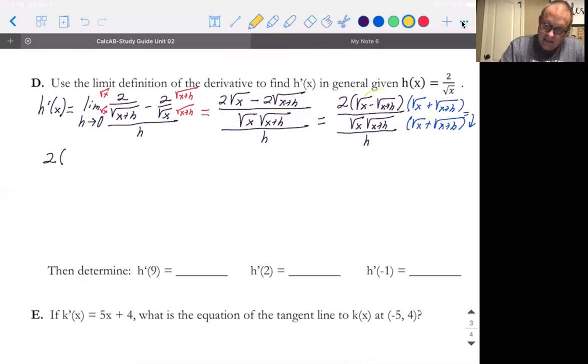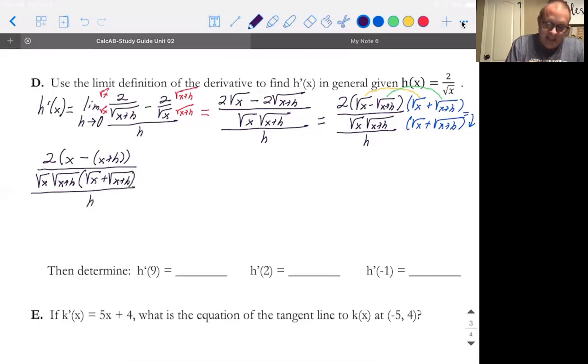And if I multiply the square root of x times itself, that's going to give us x minus, and now multiplying the square root of x plus h times itself, that's going to give us, and I'm going to need parentheses for that, x plus h. And that is now all over the square root of x times the square root of x plus h, all over the square root of x plus the square root of x plus h. And don't forget the h in the denominator.